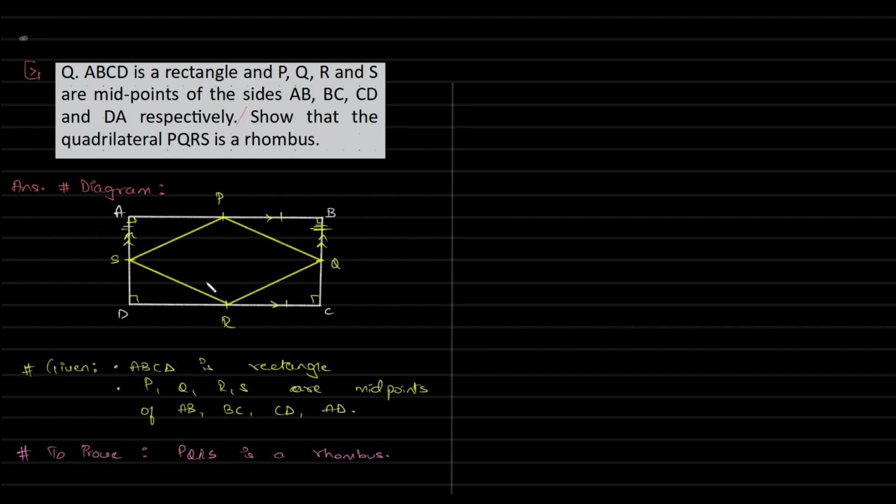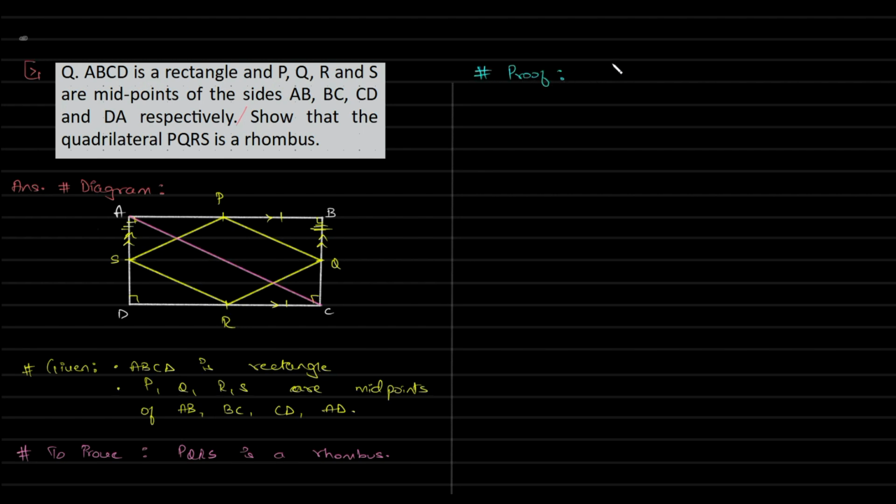Okay, so how do we go about doing this? Well, we know that diagonals of a rectangle are equal, so we can call them 2x. Okay, and that's your clue. Diagonals of a rectangle are equal. So let me begin.